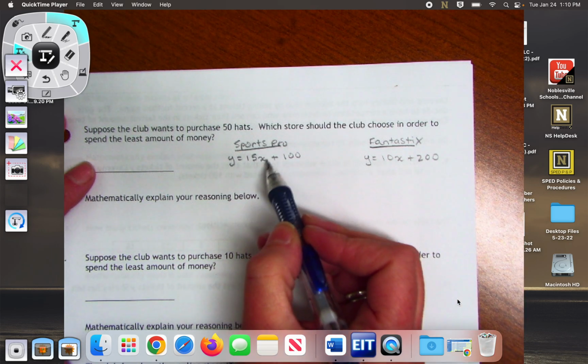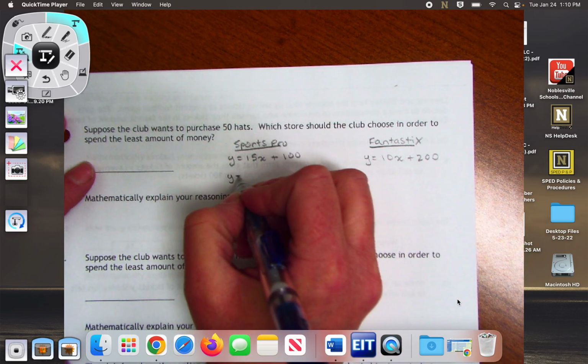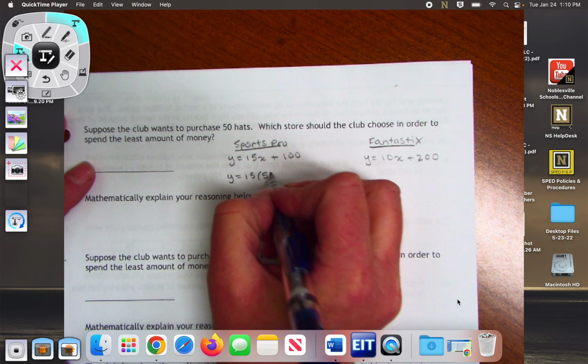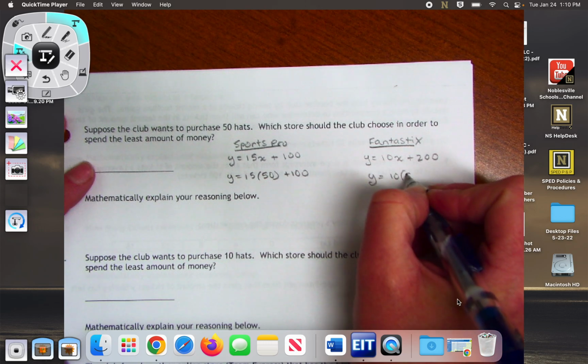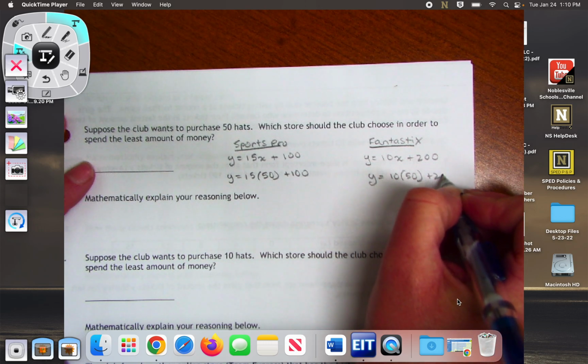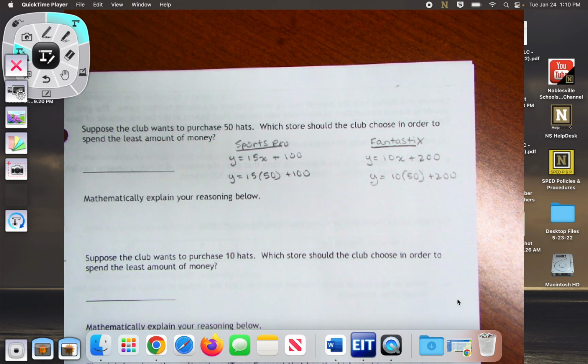So if I want 50 hats, I'm going to put that number 50 in here for X and see which one's cheaper. So I'm going to have 15 times 50 plus 100.